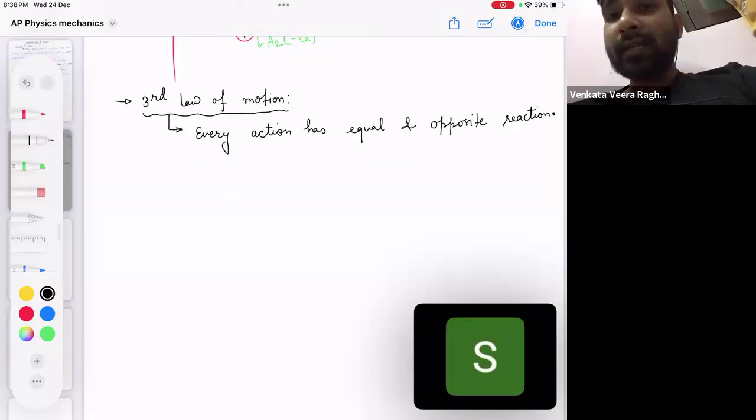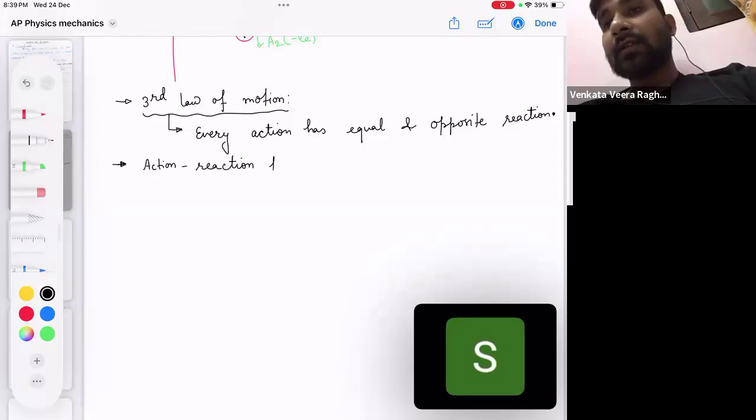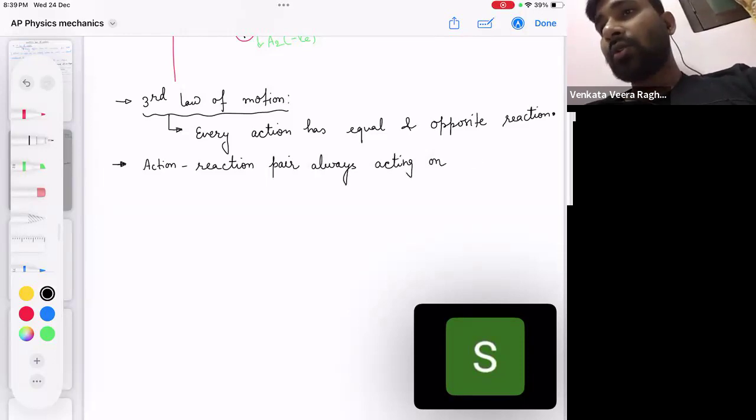What is the concept behind the action and reaction pair? The first thing is that action and reaction pair are always acting on two different bodies. Understood the first thing?